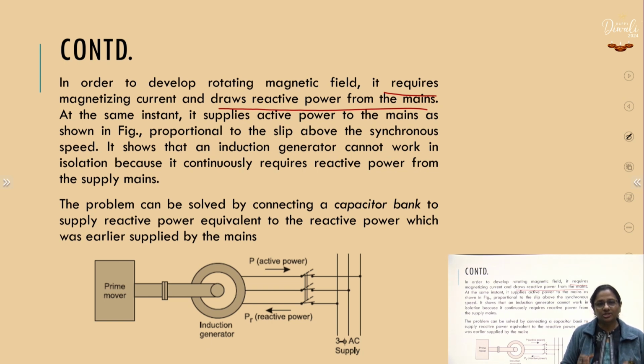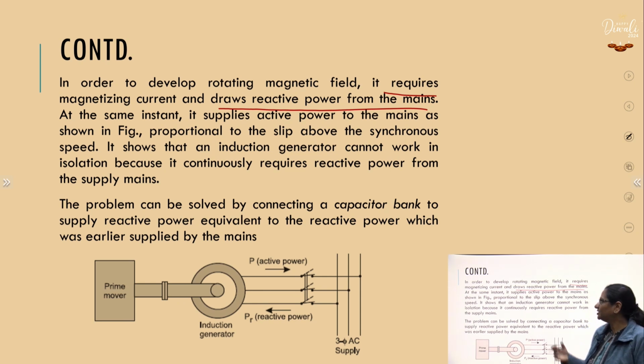For its operation like an induction generator, the induction machine should remain connected to the existing supply system. Otherwise, there would not be any source and hence there would not be any reactive power for the development of flux in the magnetic circuit or in the air gap of the machine.